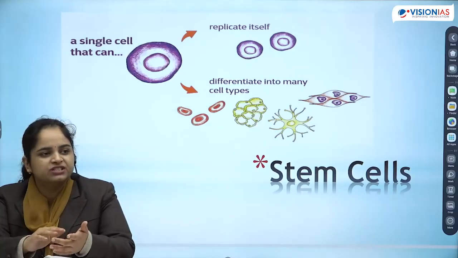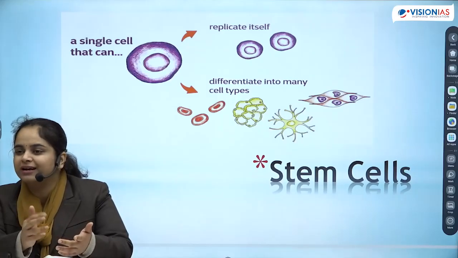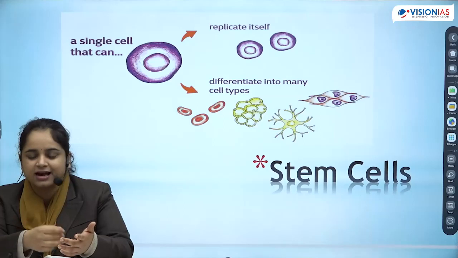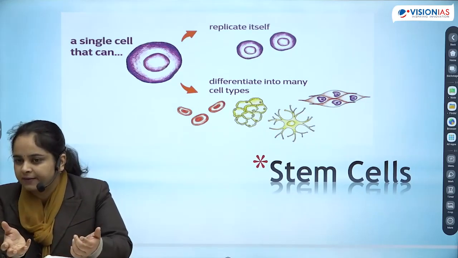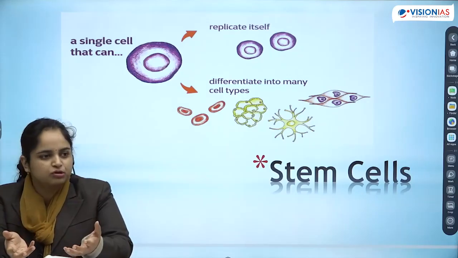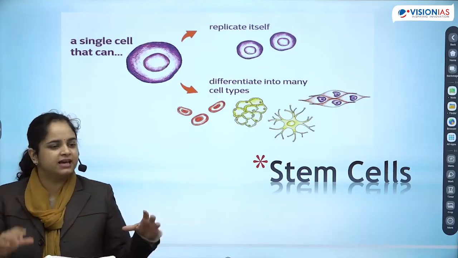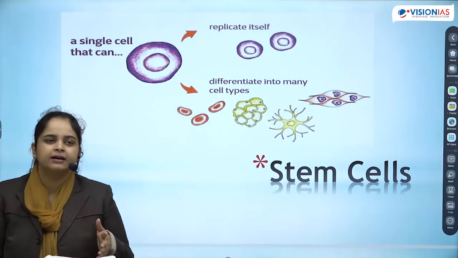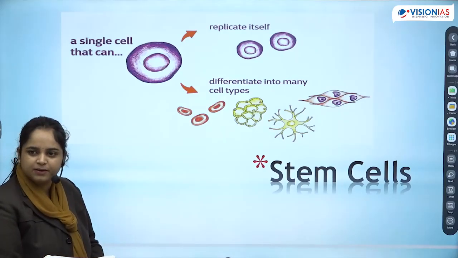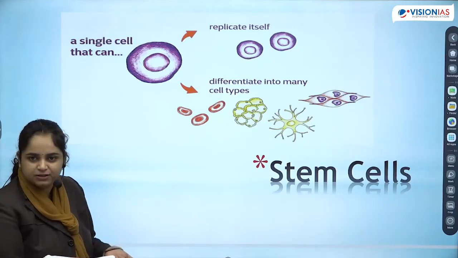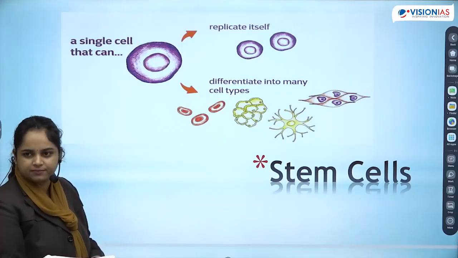This zygote could create more cells, and it could also create more types of cells. For example, your blood cells are different, muscle cells are different, cells of different organs are different. So all these different types also ultimately have come from the zygote. So there is a stage of cells where they have the potential to replicate themselves, the potential to create more copies of themselves, and to differentiate into different types.